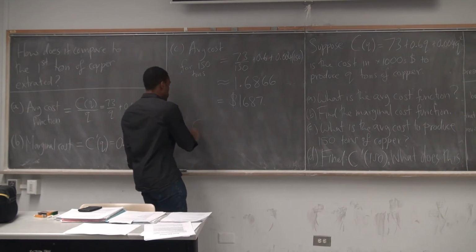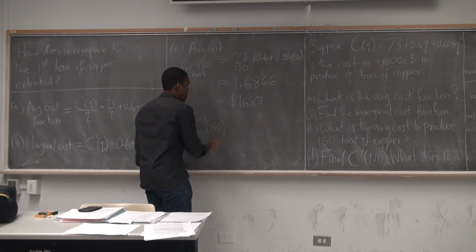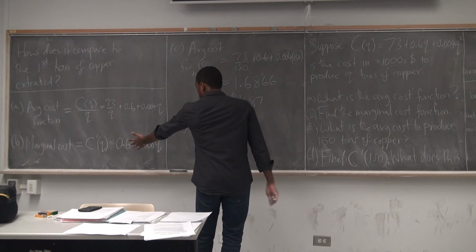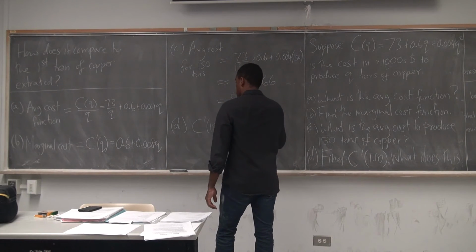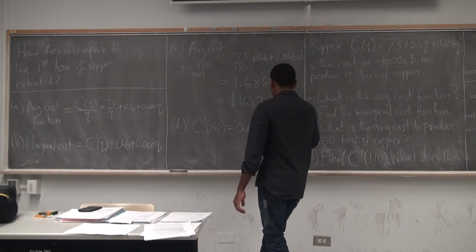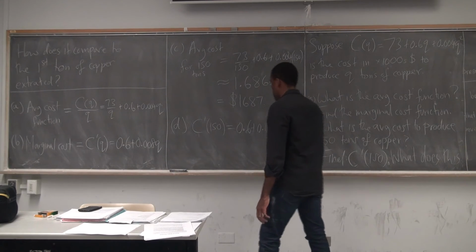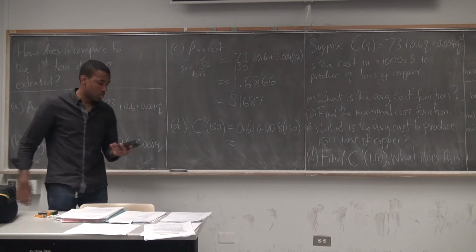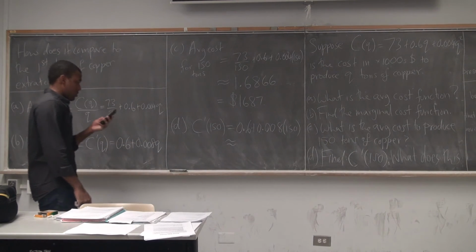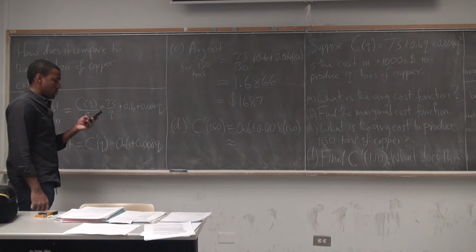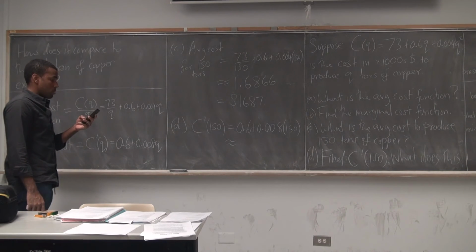Now this asks me to compute C prime of 150. I'm just going to plug in 150 into this function: 0.6 plus 0.008 times 150. You said we could leave it like that, right?